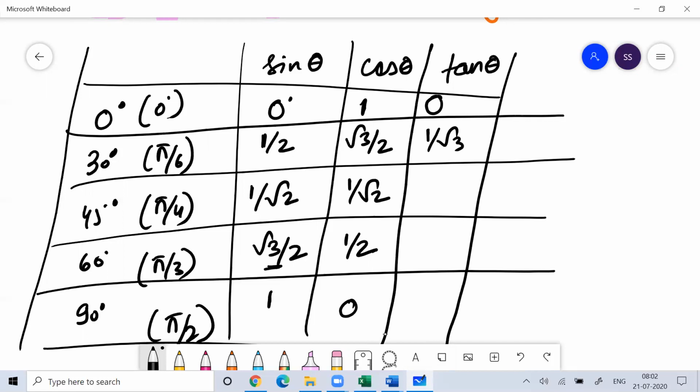Tan 45 degree is 1 by root 2 divided by 1 by root 2, which is 1. Then tan 60 degree is root 3. Tan 90 degree is 1 divided by 0, means not defined, because any number divided by 0 is not defined.